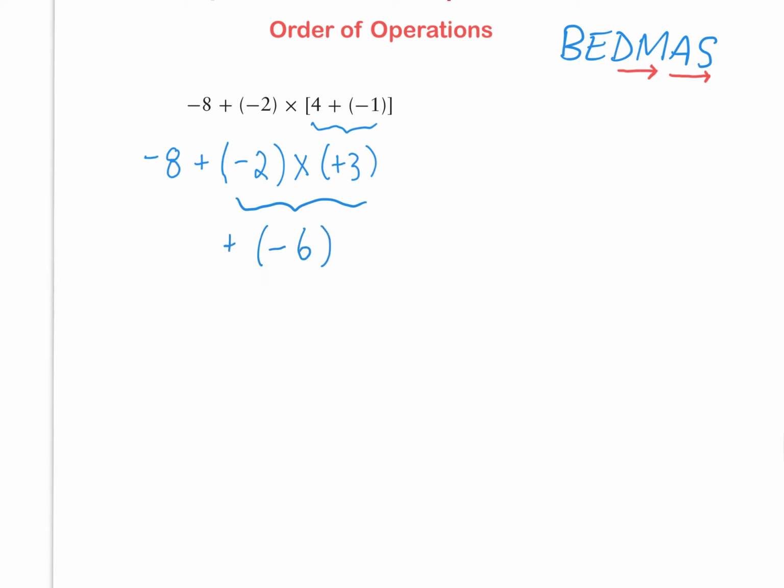Rewrite everything where it was: negative 8 plus negative 6, and our answer is negative 14. And that's how you apply the order of operations to expressions that have a mixture of negatives, different operations, and brackets, and apply BEDMAS properly.